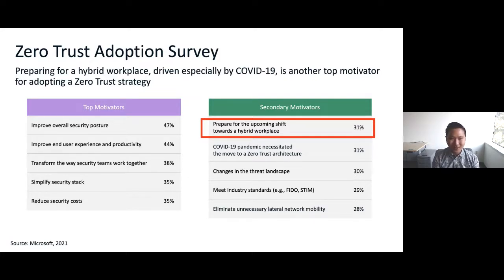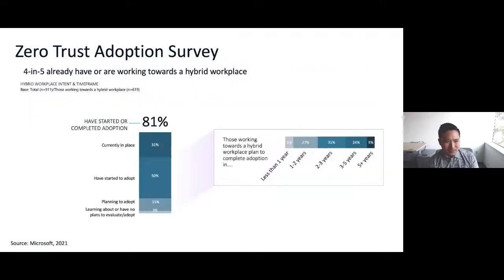So it's really important to have the right experience with security in mind. And if you go to the next slide here, we also learned, which is quite surprising, that around 4 out of 5 of the surveyed companies have or are working toward a hybrid workplace, and zero trust is really a big part of that strategy.